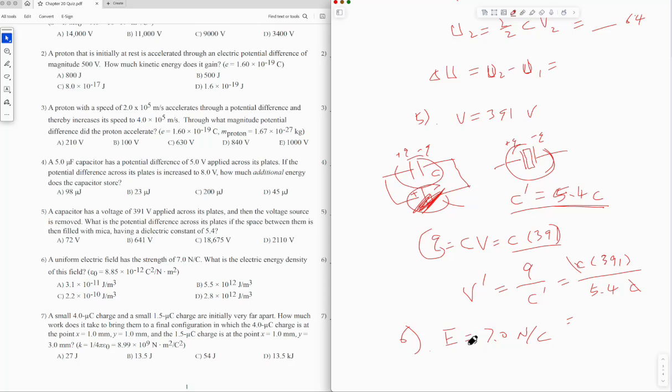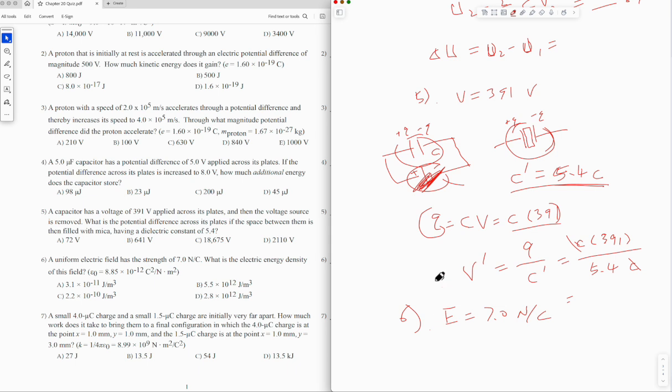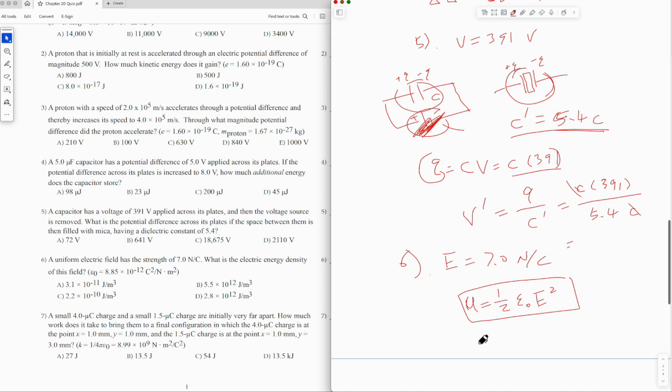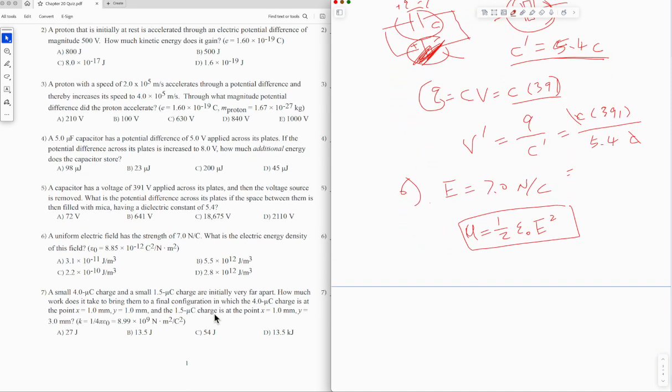Okay, energy density, just apply the equation: energy density, lowercase u, equals 1/2 epsilon naught E squared. Just this equation. Plug in your epsilon naught and E squared, half, and you calculate that.